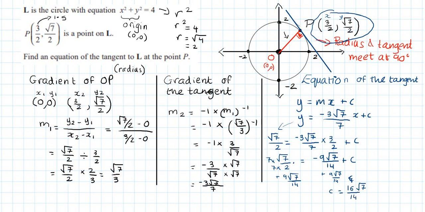That finally gives me the equation y equals -3 root 7 over 7 x plus 16 root 7 over 14, which I can simplify.